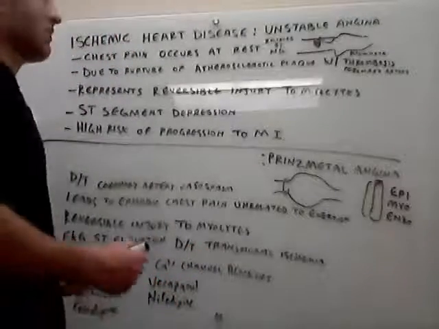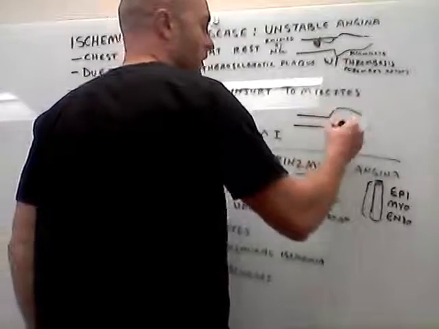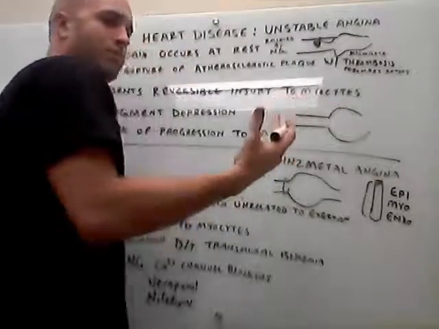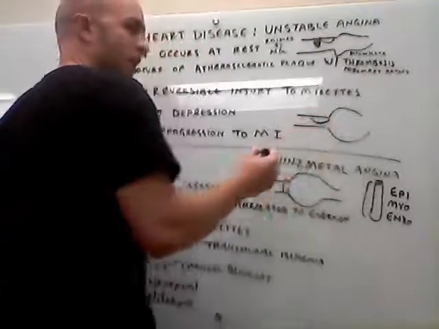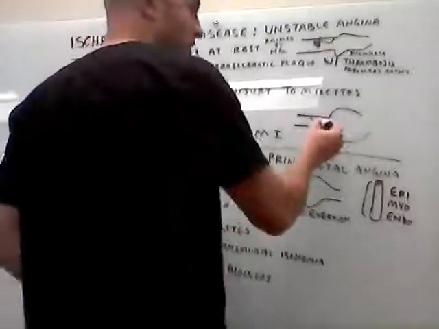So in the case of an unstable angina, here's your coronary artery, here's where it's going into the heart, and you have atherosclerotic plaque. Okay, atherosclerotic plaque is blocking off greater than 70% of the blood flow going into there.